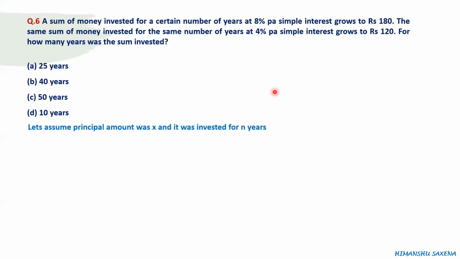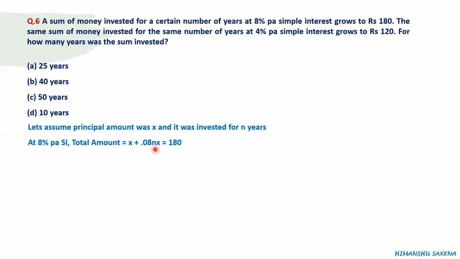We will assume that the principal amount was x rupees and it was invested for n number of years, right? Now the simple interest formula is principal into rate into number of years divided by 100. That gives you the simple interest, right? So at 8% per annum simple interest, the total amount would be the original principal amount x plus the total interest.